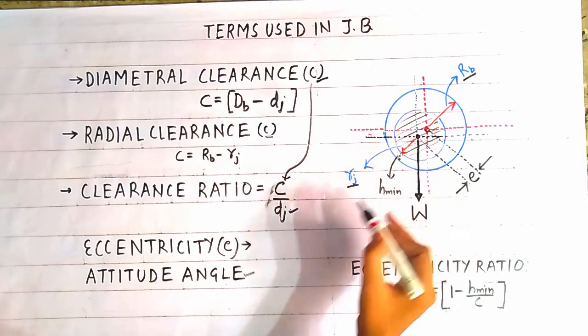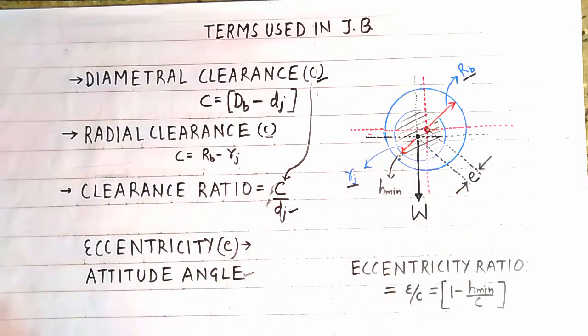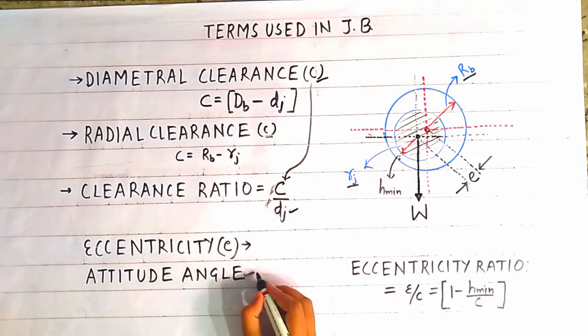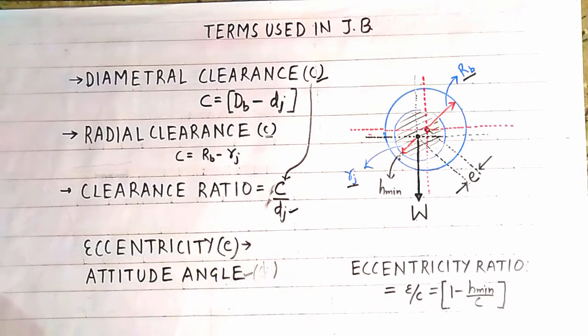Suppose the minimum fluid film thickness is lying somewhere here, then the angle phi, which is also called the attitude angle, is the angle which is used to locate the position of minimum fluid film thickness with respect to the direction of the load.